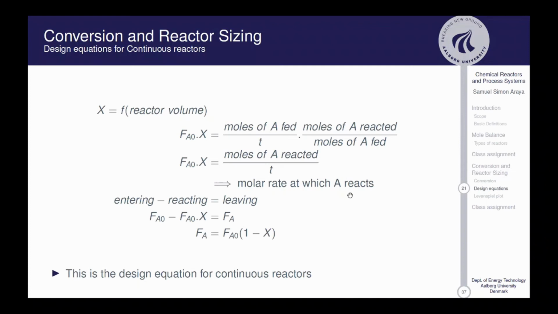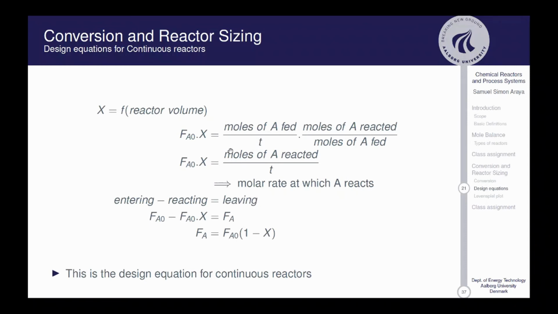This is the reaction rate in a way as a function of the conversion. And since we don't have any accumulation in this case, moles of A entering minus moles of A reacting, which is the disappearance of the reactant here, is equal to moles of A leaving. So we're just removing the accumulation term from the generic mole balance equation.